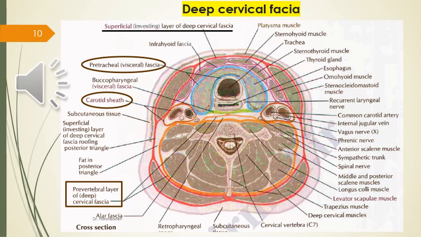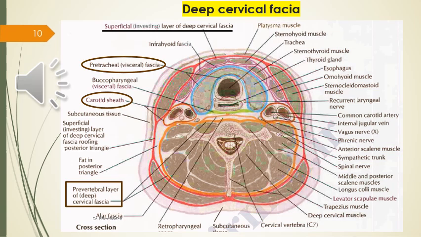In this section, you can see the fascia that enclose the structures in different colors. Look at the investing fascia. It is shown as quite extensive and shiny. From the outer side, bilaterally, the trapezius and sternocleidomastoid muscles are enclosed by the investing layer of deep fascia.